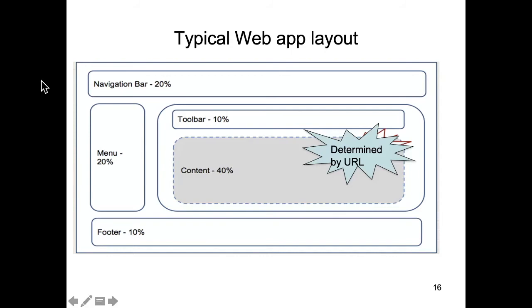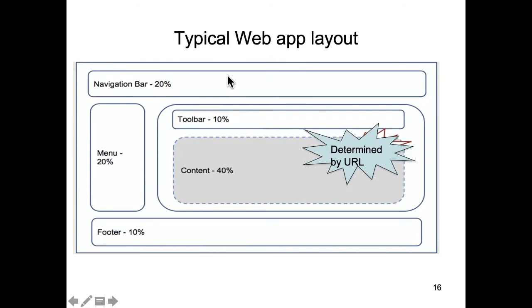Now, I'm kind of overdoing it on this slide, but in most cases anyway, web applications would have a static header and a static footer that remain constant or persistent across all your pages. They may have a side menu. And then in general, this area within the page tends to be the part that changes as you navigate around the place.